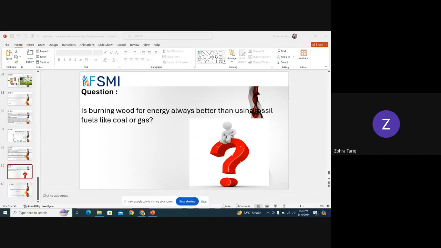This keeps things balanced. However, if you just keep cutting trees without planting new ones, that's a problem. The carbon released from burning the wood is not being absorbed as quickly, which can contribute to climate change.